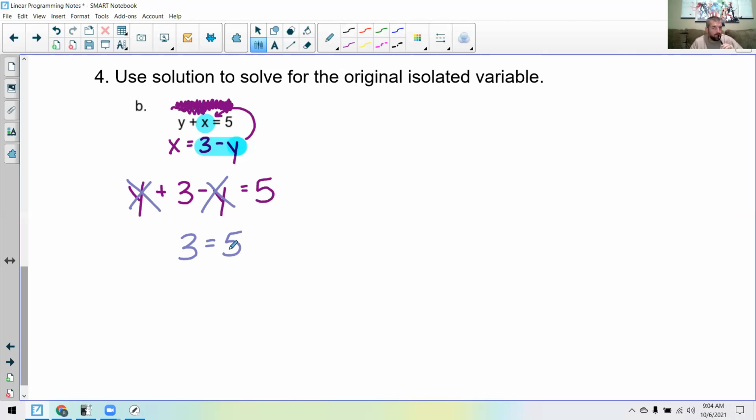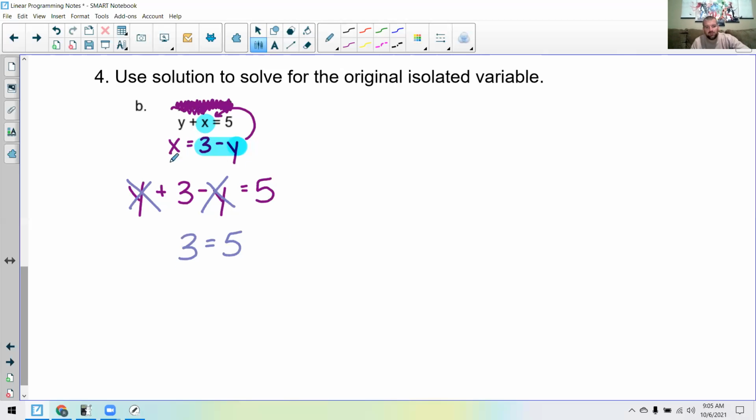Oh no. Well, this doesn't make any sense. Wouldn't y be 5 then? 5 plus 3, 8. No, that wouldn't be right. It's okay that doesn't make sense. It's not supposed to make sense.